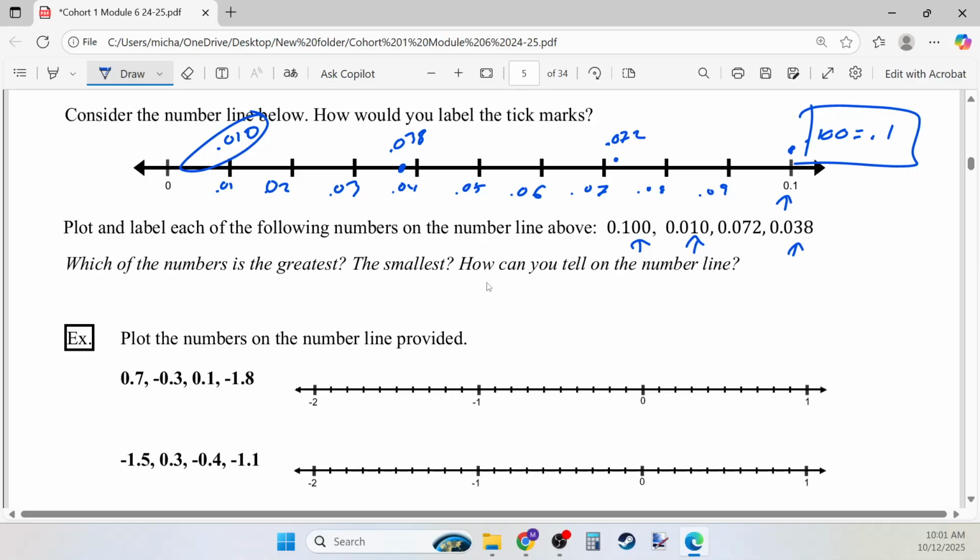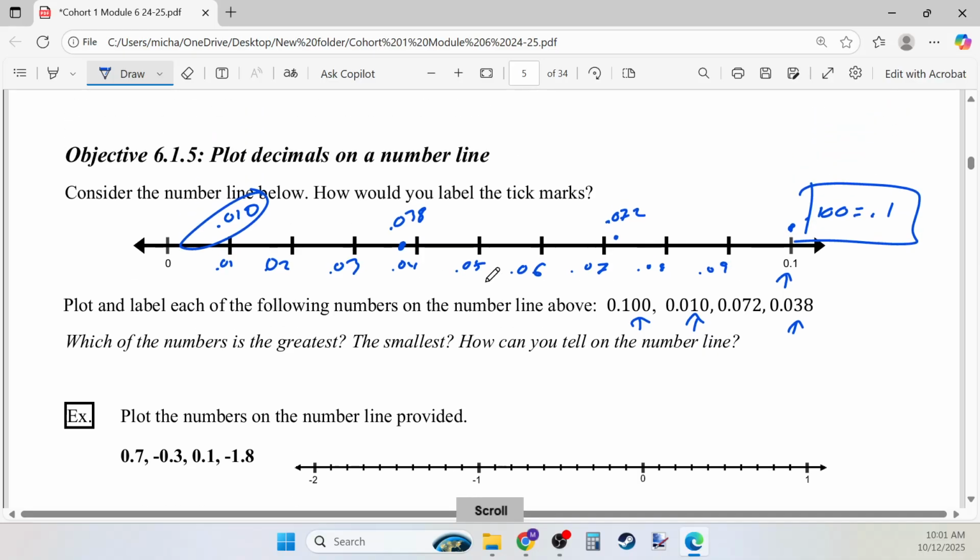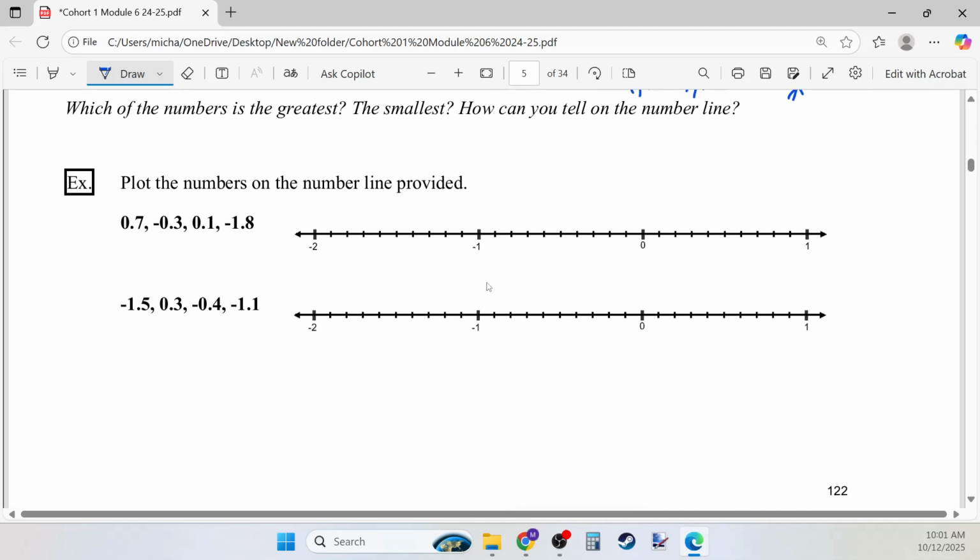And we can tell because of how far left or right they are. We want to do the same thing here. 0.7 would be 0.9, 0.8, 0.7. Negative 0.3 would go here. 0.1 goes here. Wait, I skipped over.